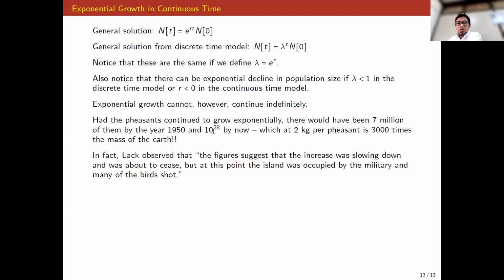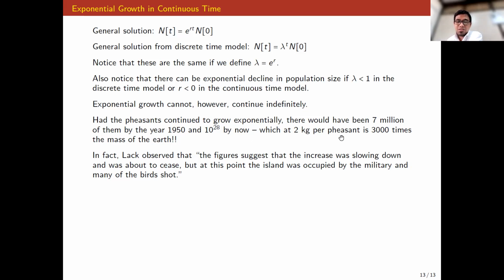How can you say that? If we just make a simple calculation, for example, the mass of the pigeon, each of them is 2 kilos. So 2 times 10 to the power of 28. This will be 3,000 times the mass of the Earth, which is impossible, right?